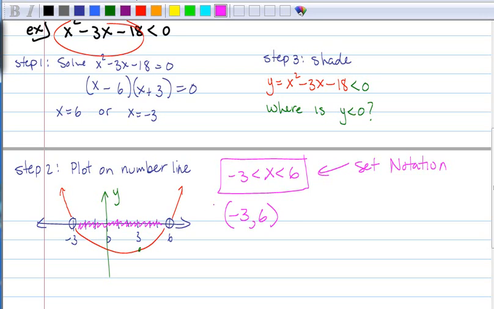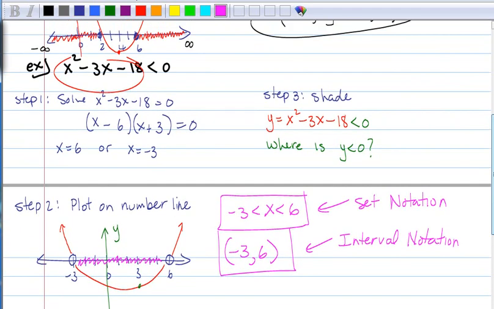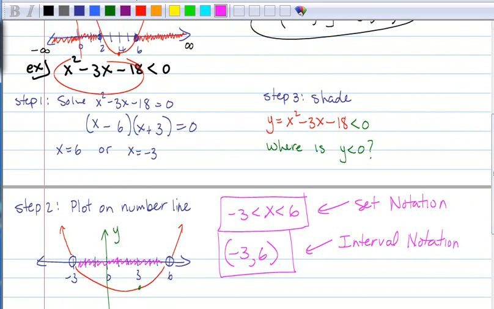It looks like an ordered pair, but it is also the interval notation for this solution. Again, this means it starts at negative 3 and goes to 6. If these were solid, if it was a less than or equal to, then it would be brackets instead of parentheses. So that is how you solve the second quadratic inequality.